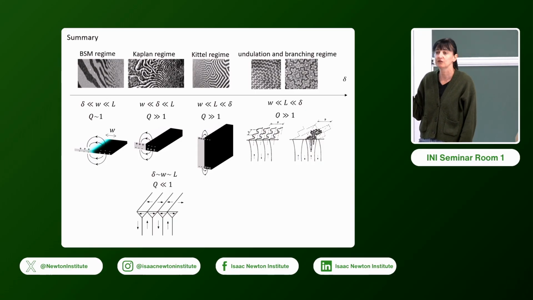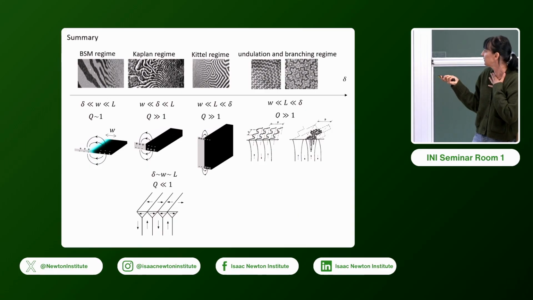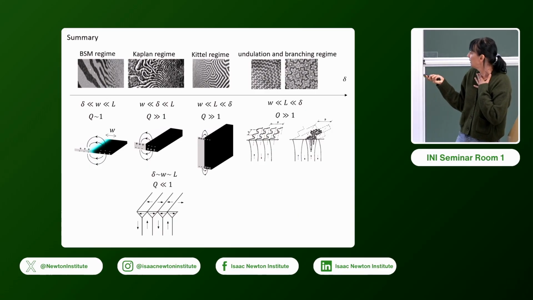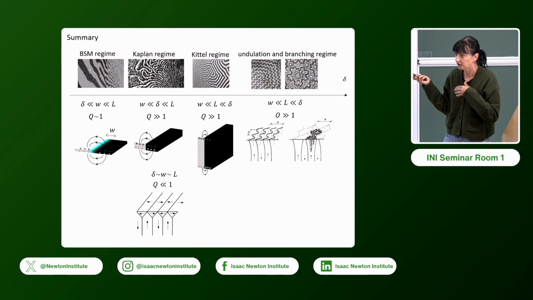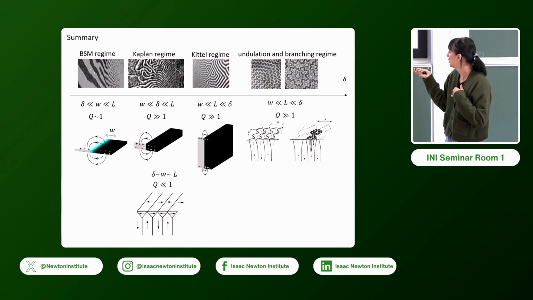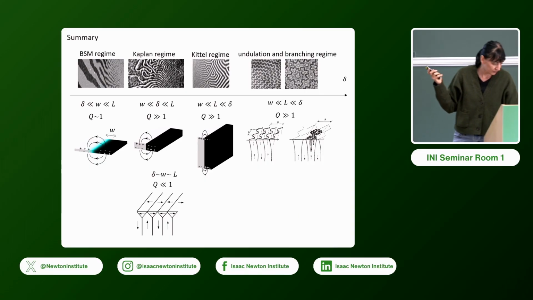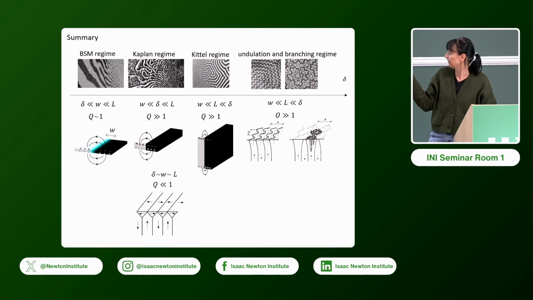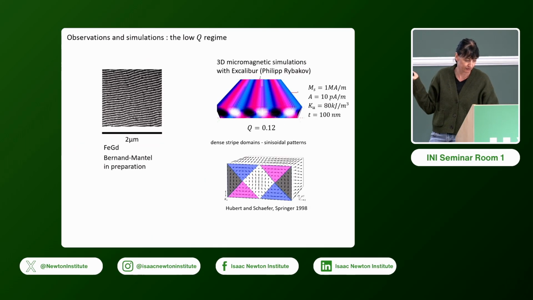And if your anisotropy is low, it doesn't cost so much, so you can have such domain, and you see again this famous flux closure pattern. And this is happening in the regime where the thickness, the Bloch width, and the period are of the same order. And mathematically, we cannot say a lot so far about this because it's a very complicated three-dimensional regime, apart from this toy multilayer I was talking about.